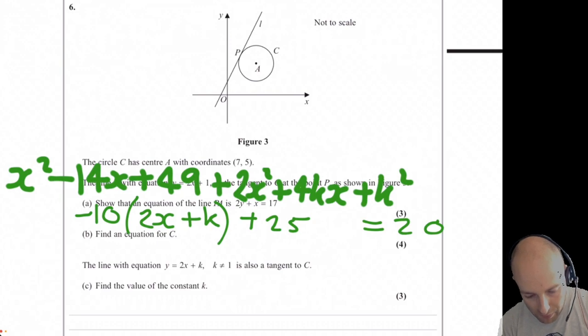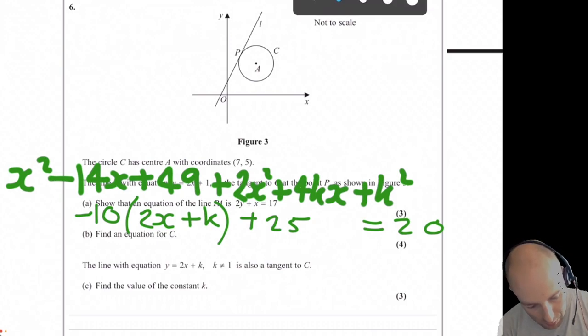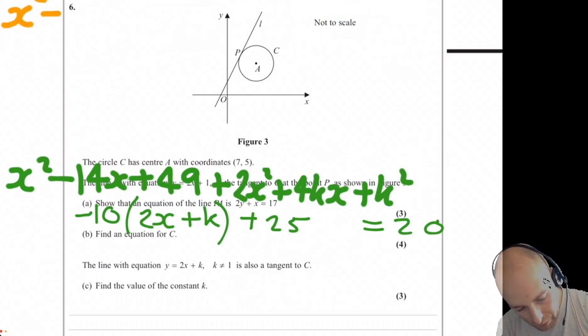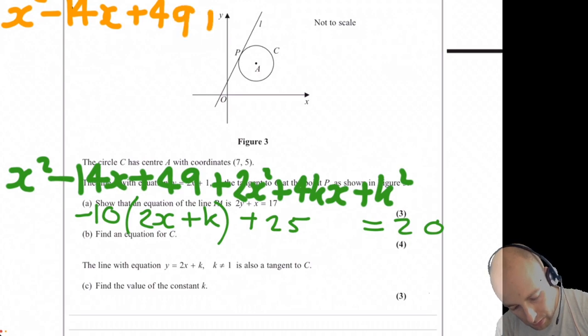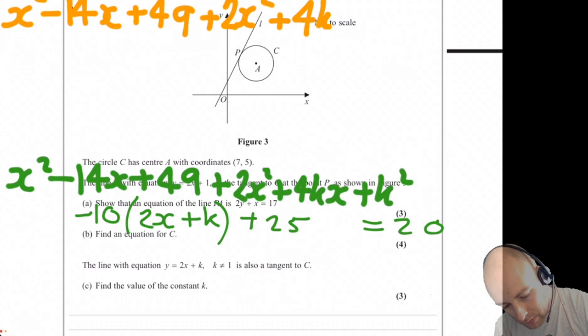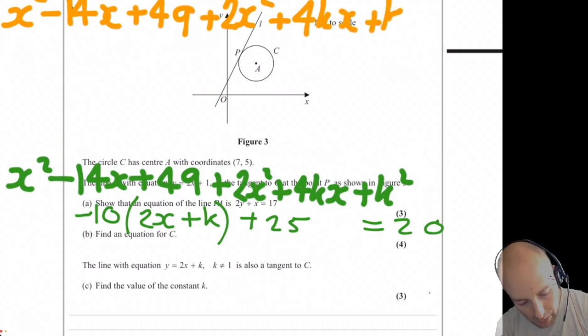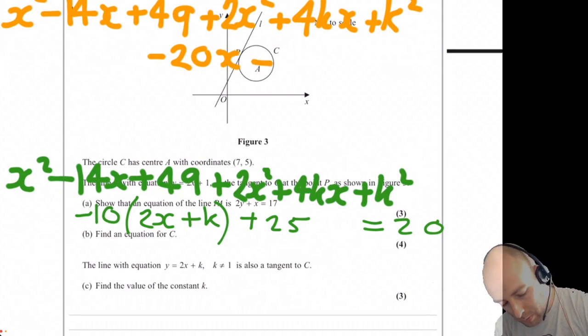Now let's try and simplify. So x² − 14x + 49 + 2x² + 4kx + k² − 20x − 10k + 25 = 0.